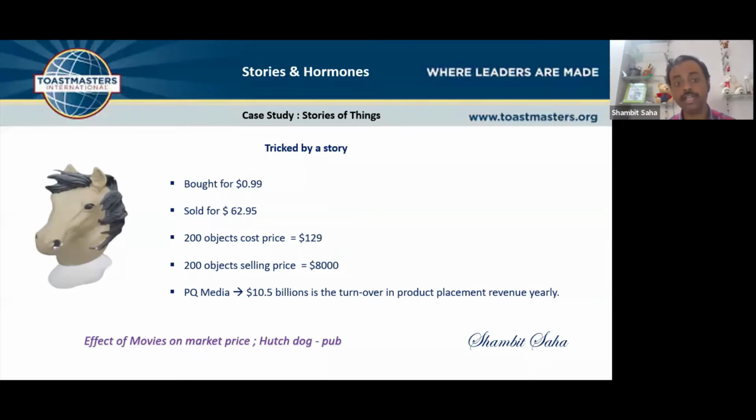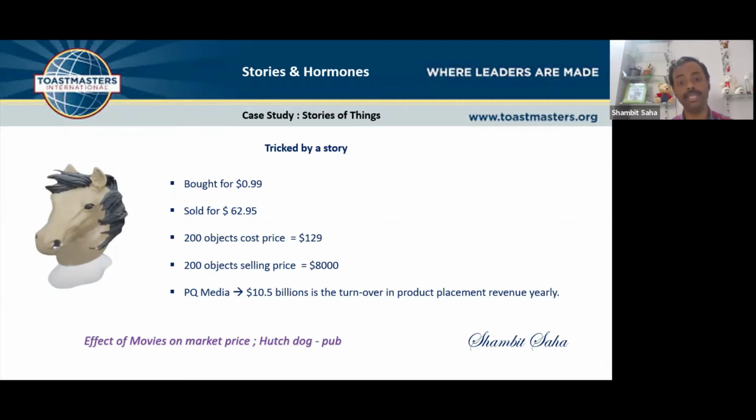Overall, the 200 items cost him around $129 to purchase. But when he sold them with the stories, he made an amount of $8,000. That's a rough amount. This story is found in the New York Times, and it's been a wonderful study ever since.